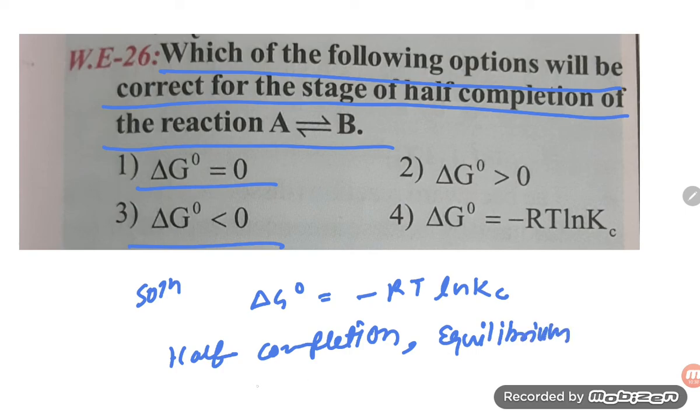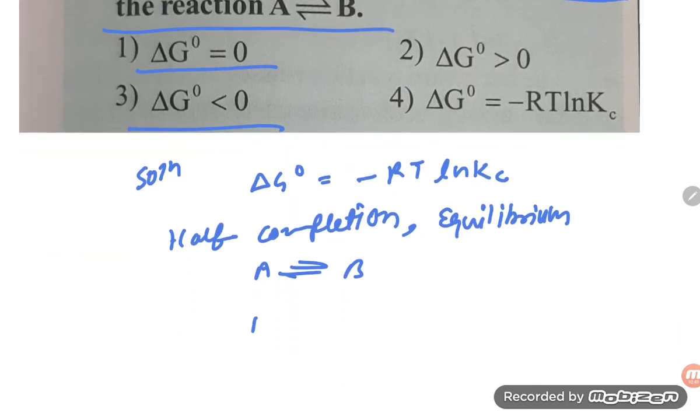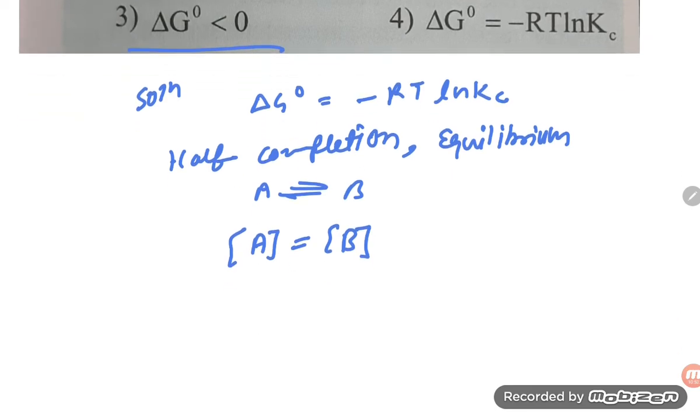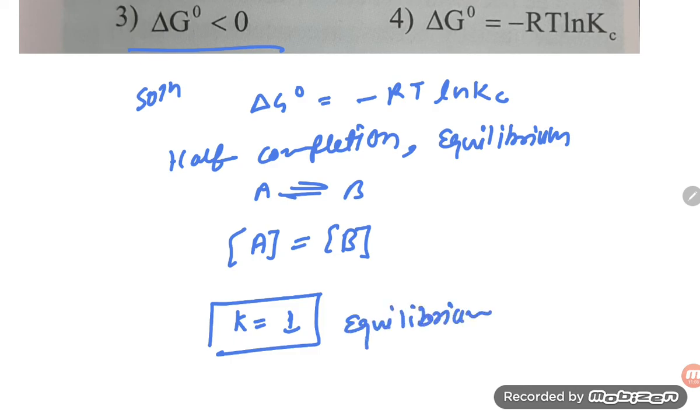So that is A reversibly B. So at the half concentration, concentration of A is equal to concentration of B. It means K is equal to 1, that is equilibrium constant, equilibrium.